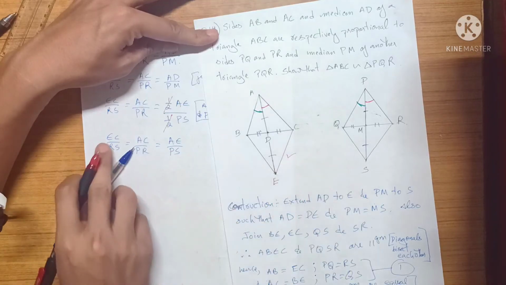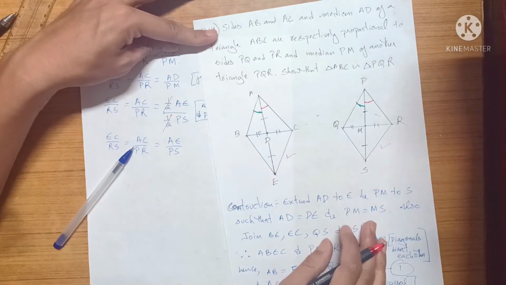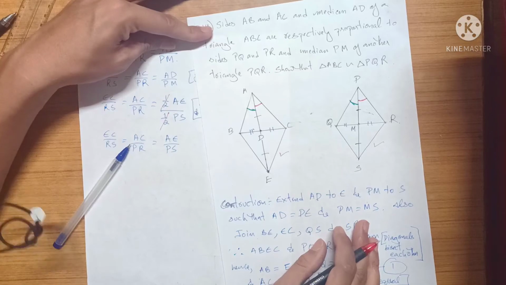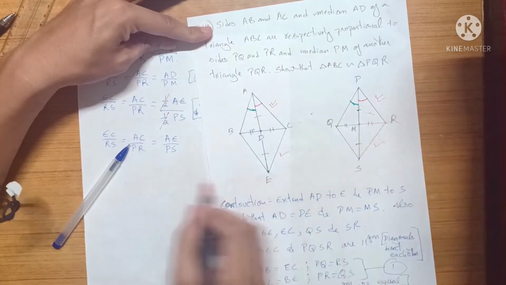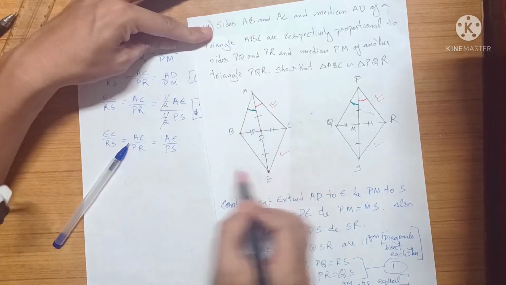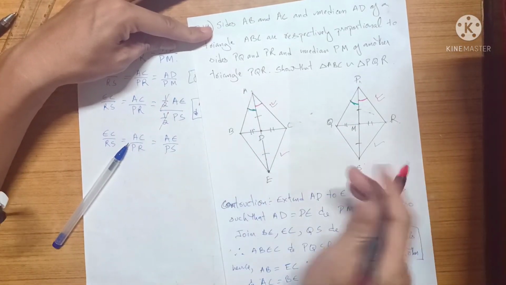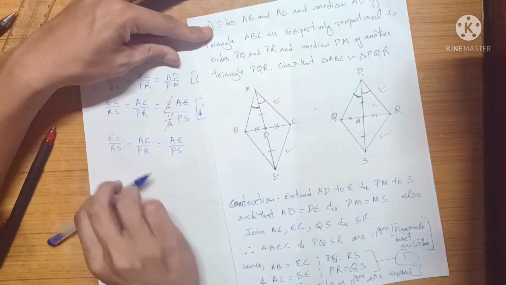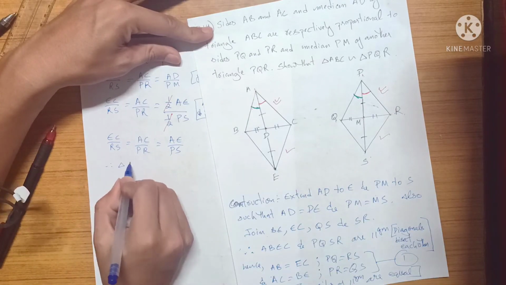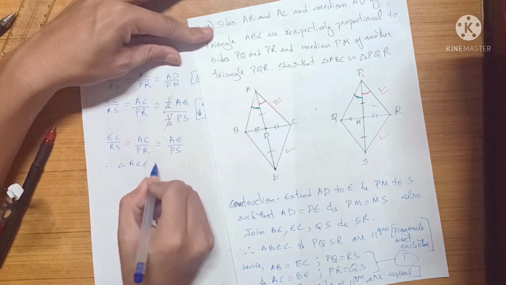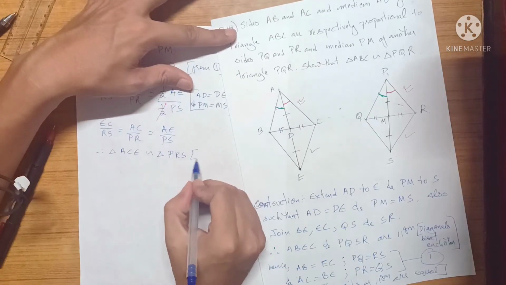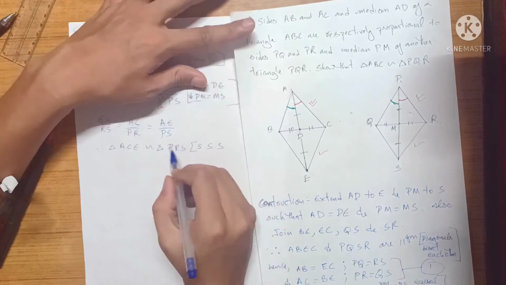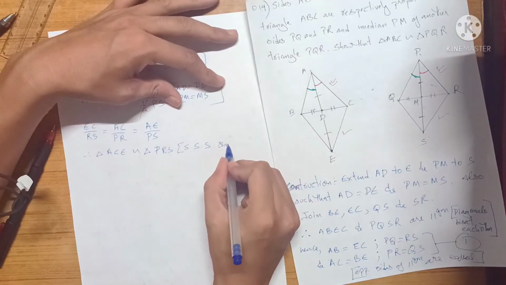EC by RS, which is this one, equal to AC, which is this, by PR, which is this, and then AE, the long one, by PS, the long one. So these two triangles are similar to each other. Therefore, triangle ACE is similar to triangle PRS by what property? SSS similarity.